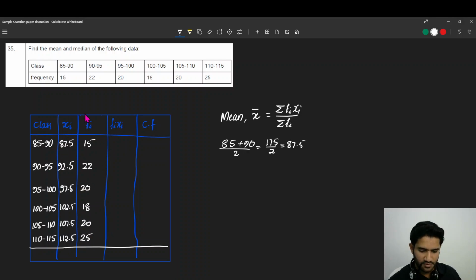Now just multiply these two. 87.5 into 15, by multiplying we'll get 1312.5. 92.5 into 22, I have already calculated, 2035. 97.5 into 20, that means into 2 we'll get 195, so 1950.